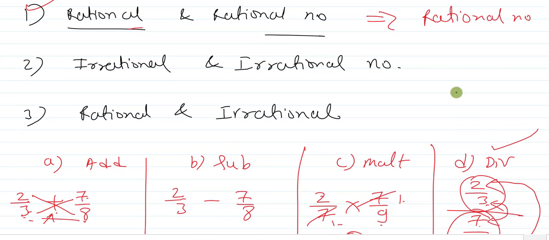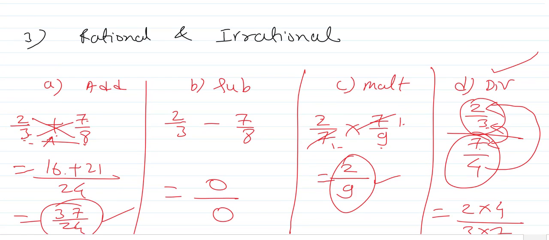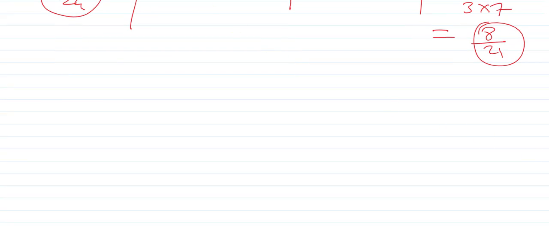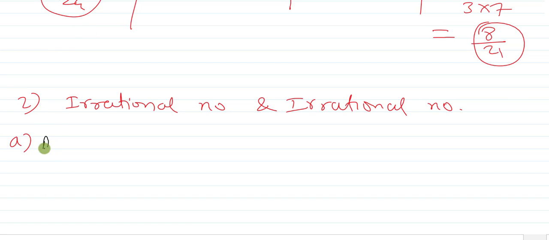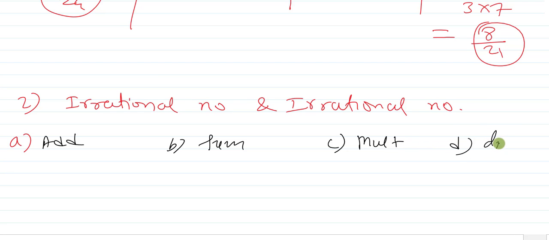Okay, now for irrational numbers, what will happen? Same process we will do. Let's suppose the second one we will take for irrational numbers. Again, the first operation will be your addition, second one is your subtraction, third one is your multiplication, fourth one is your division.